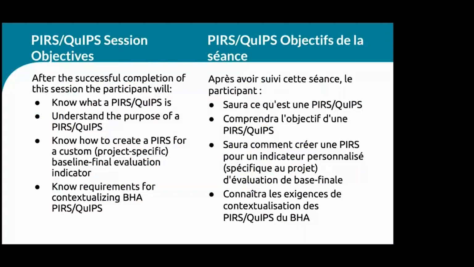So the objectives of this session are to understand what PIRs and QUIPs are, understand the purpose of having these reference sheets, knowing how to create them for custom indicators, and then understanding the requirements for contextualizing the BHA standard PIRs and QUIPs.